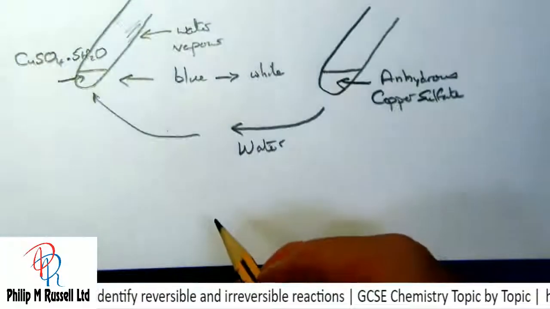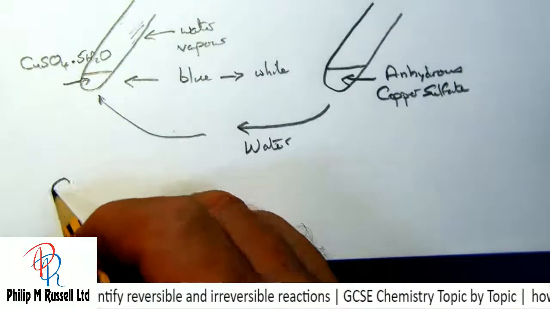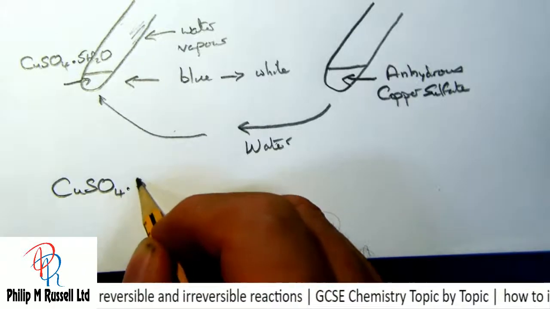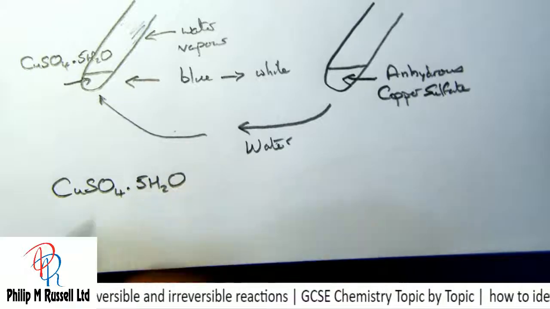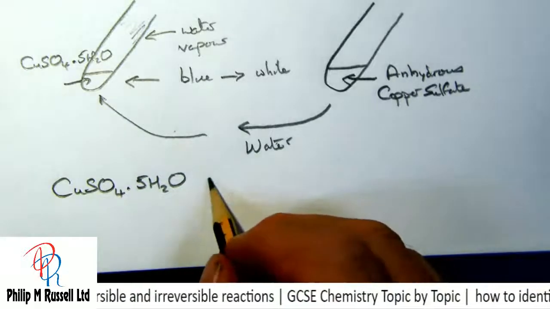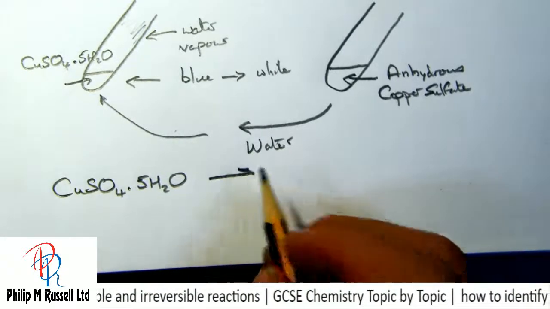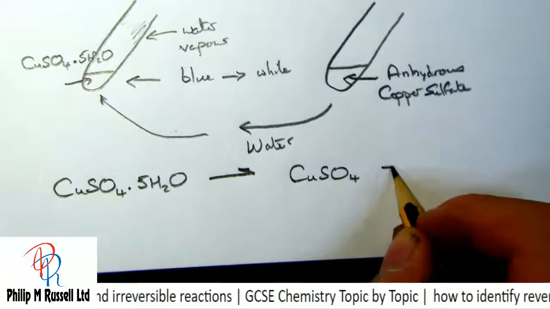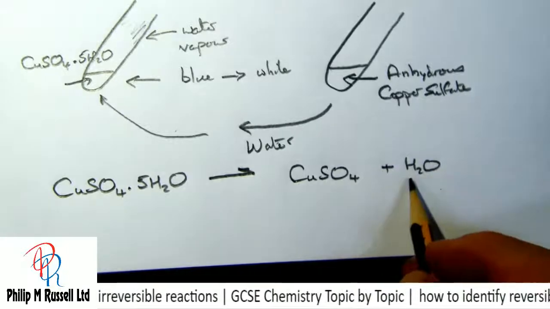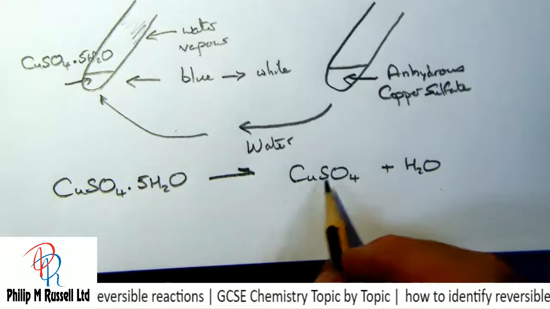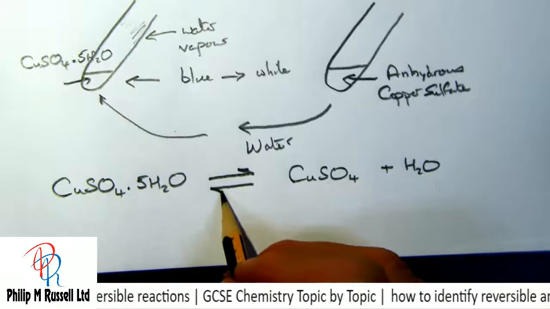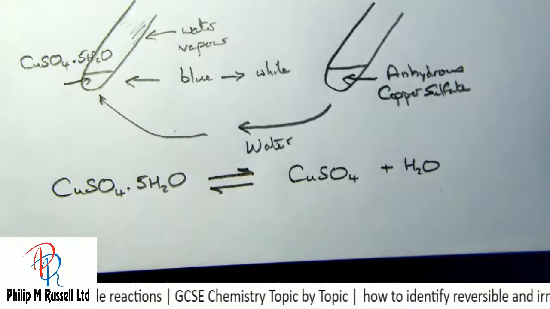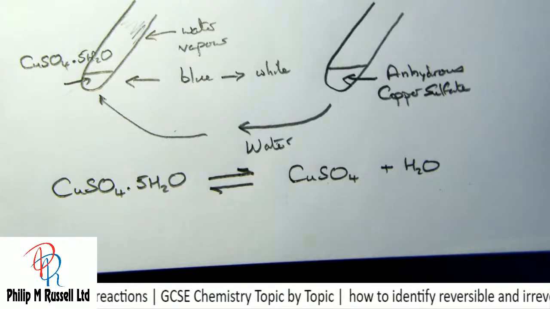So if I write the equation in full for you, we've got copper sulfate with 5 molecules of water attached to it. We heat it and it forms anhydrous copper sulfate plus water, and if we add the water to anhydrous copper sulfate, we form hydrated copper sulfate all over again.